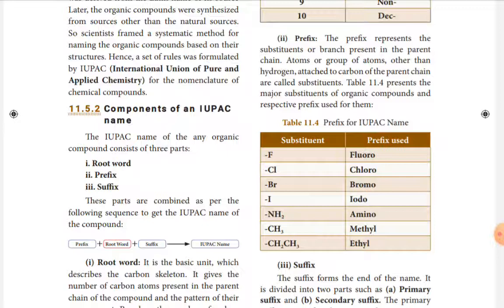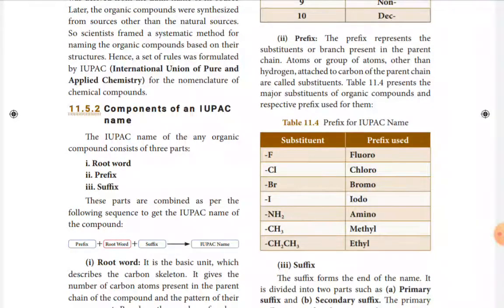The second one, prefix. Prefix defines the substituent or branch attached to the carbon chain. Prefix means the phrase before, that is the beginning of the name of the compound.